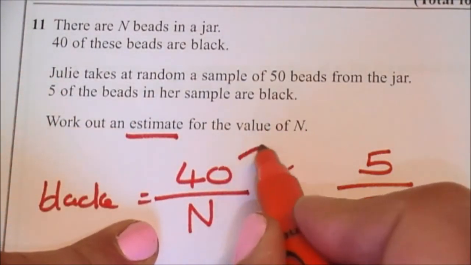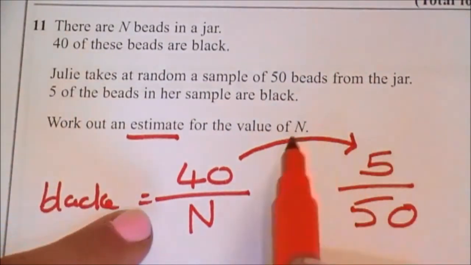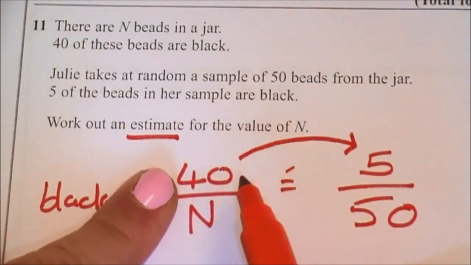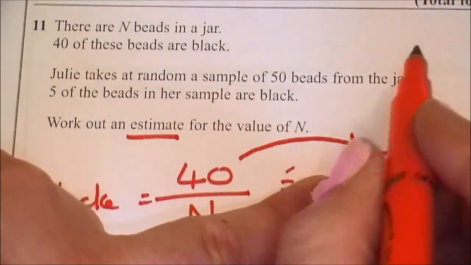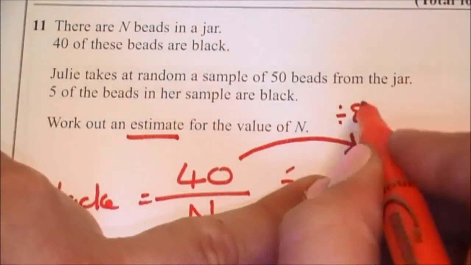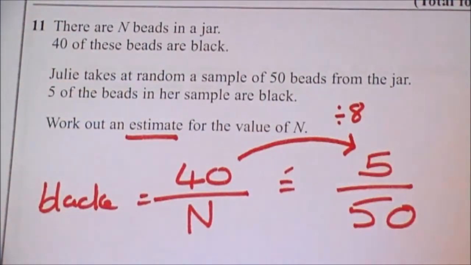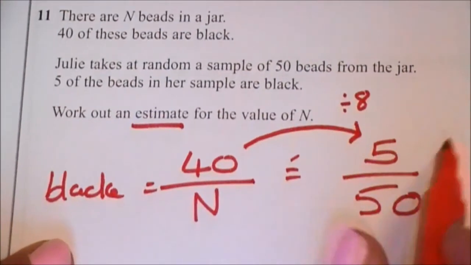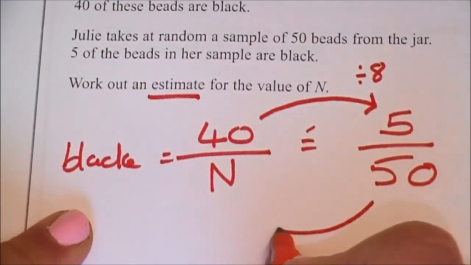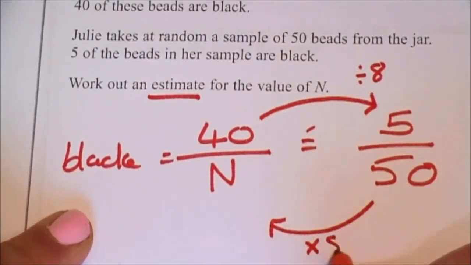Now we can see here the scale factor. If there were 40 beads altogether in the black jar and she managed to pull out 5, then we've divided that by 8. So 40 divided by 5 is 8. That gives us a scale factor. Now I can use that scale factor to go in the opposite direction.